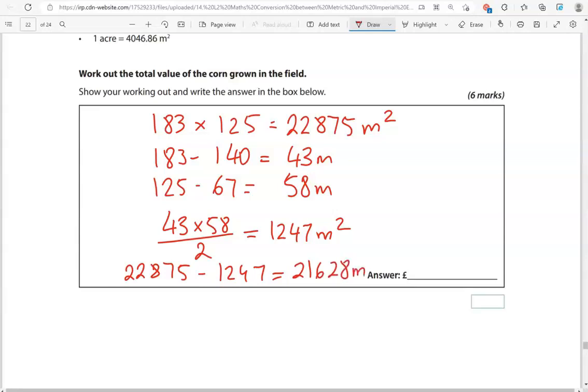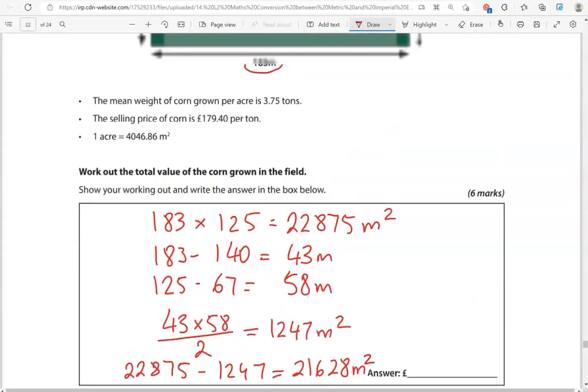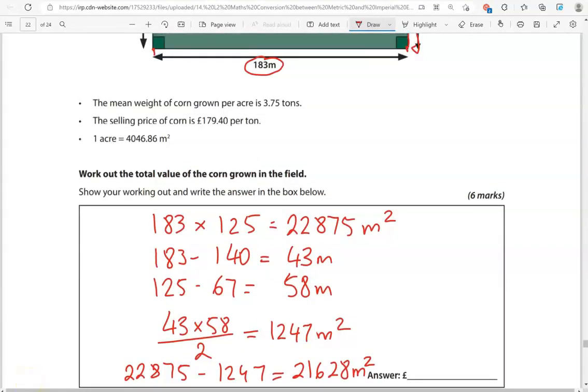So we've got the area of the field in square meters. And we've got the weight of the corn grown per acre, 3.75 tons. And that means we've got to use this conversion rate.